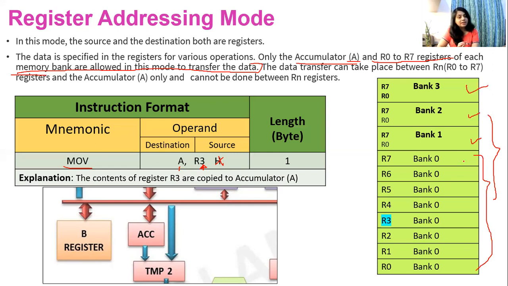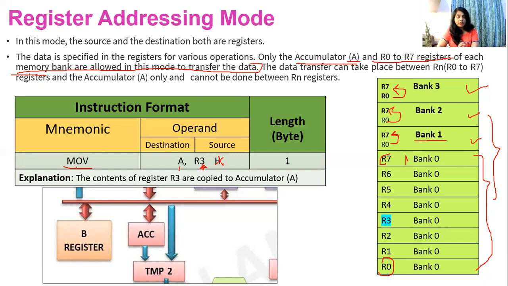In every register bank, there are 8 registers named R0 to R7. In bank 0, there are 8 registers from R0 to R7. Similarly, in bank 1, there are again 8 registers from R0 to R7. Bank 2, again 8 registers from R0 to R7. Bank 3, again registers from R0 to R7.